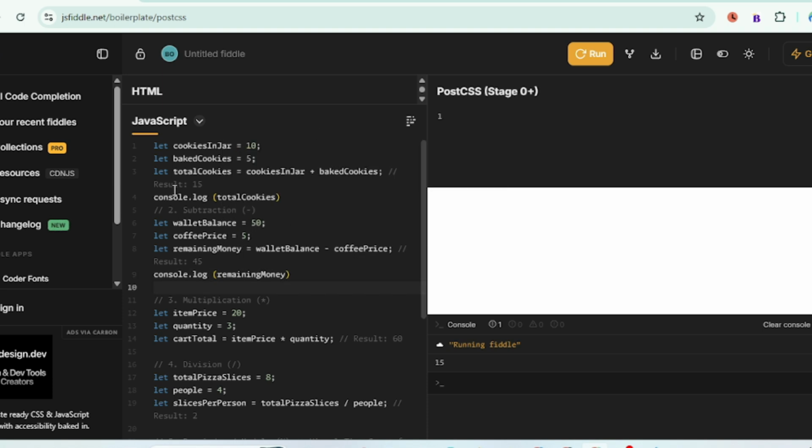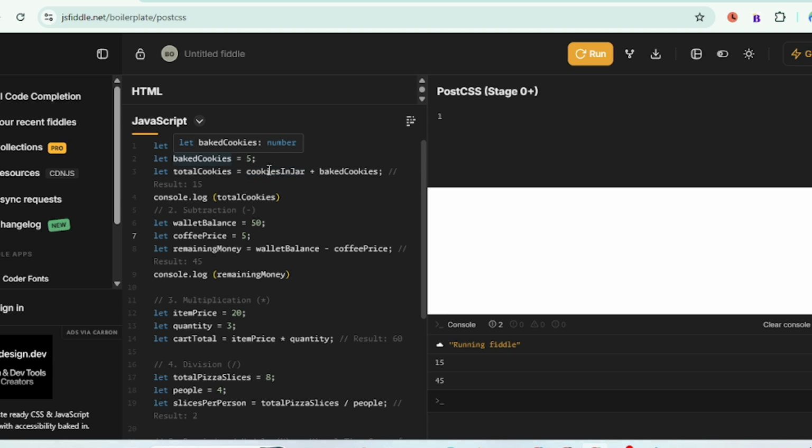And look what's happening. Just like in the last lesson, we declared the values, and then we want to calculate the remaining money. So what we declared, wallet balance minus coffee price, meaning 50 minus 5. So let's see what it gives us. 45.